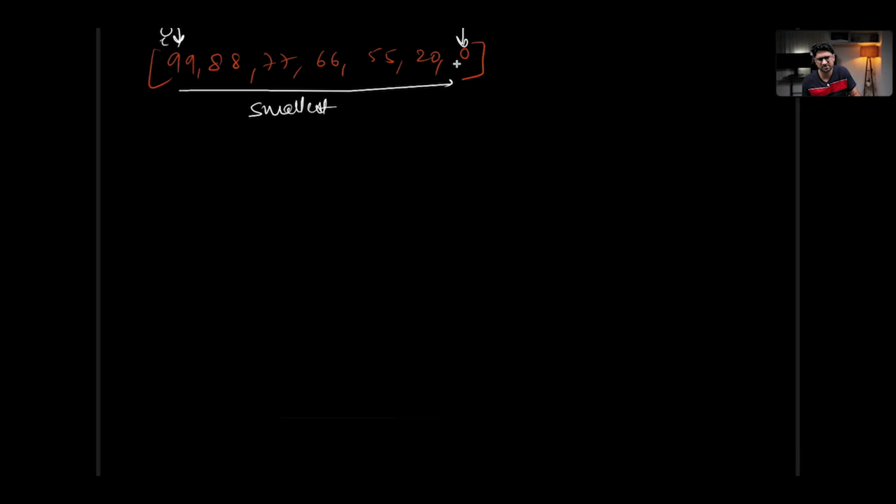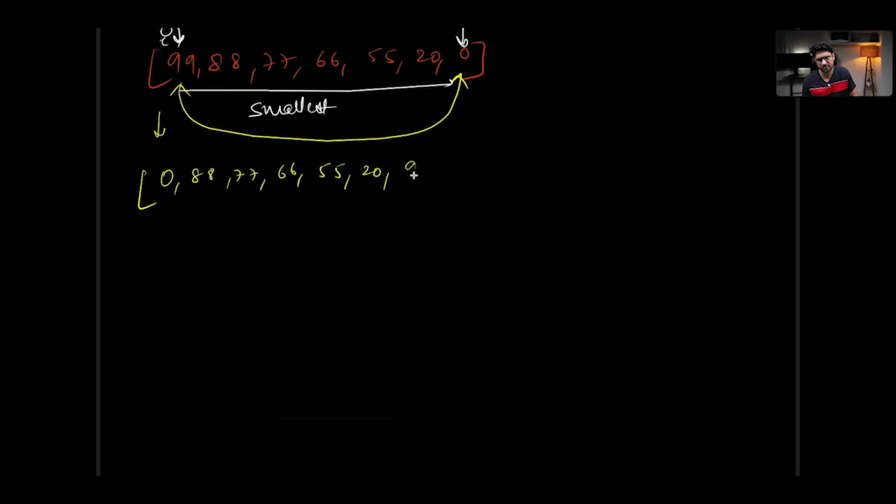Which is the smallest? This is the smallest. So I'll swap these two values. When I swap these two values, 0 is at the beginning, and then it is 88, 77, 66, 55, 20 and 99.